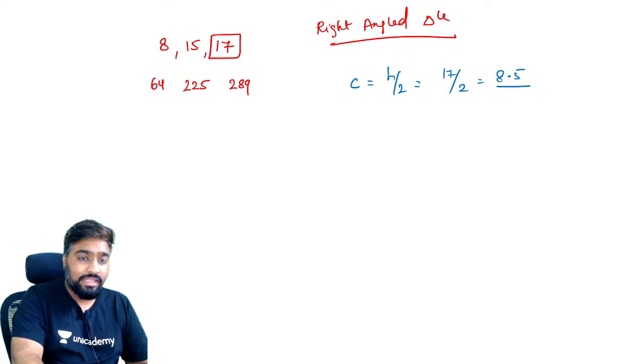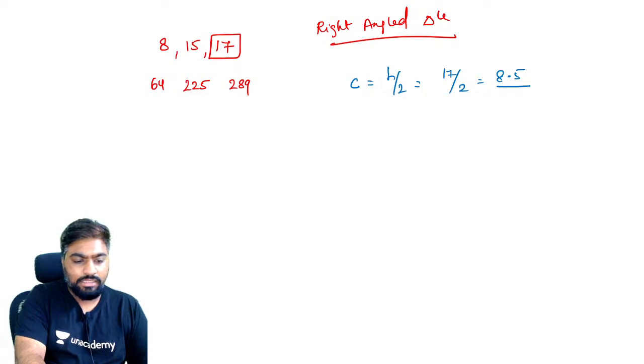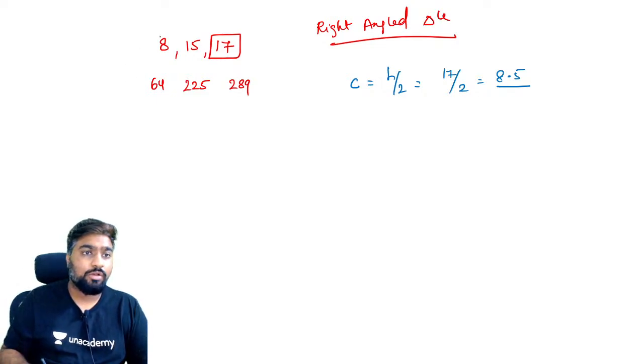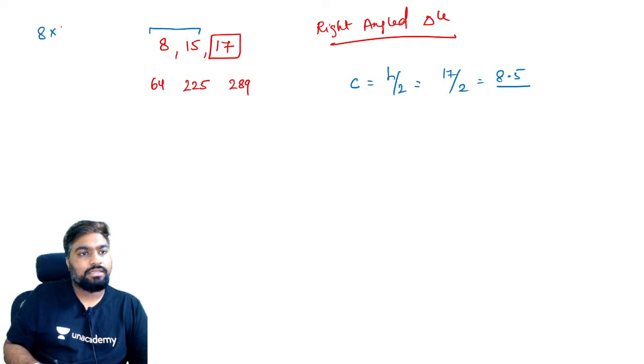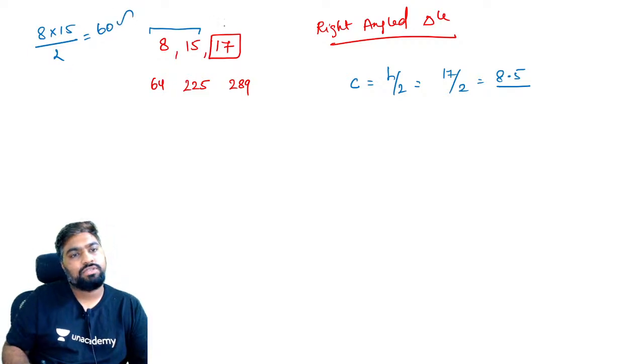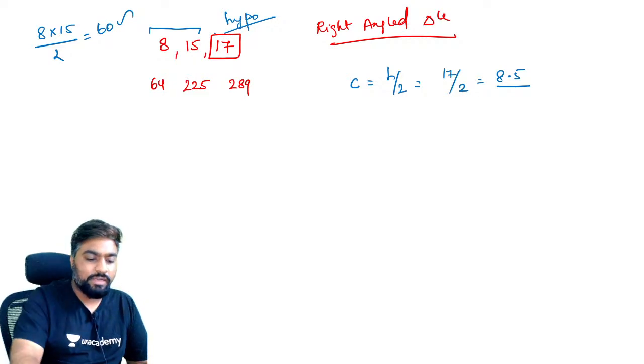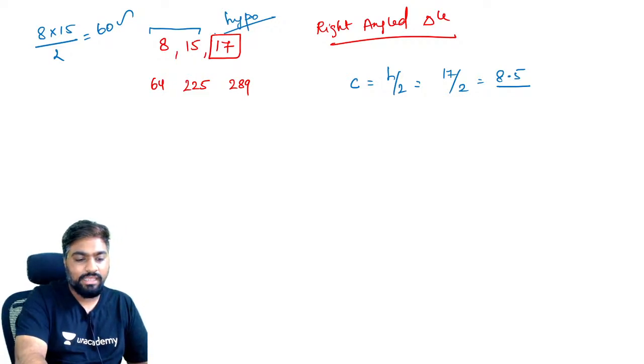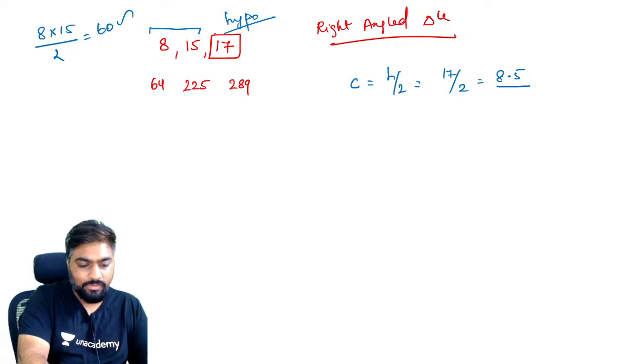They haven't said the triangle is a right triangle, but you can also confirm by this: 8 into 15 by 2, half base times height, is 60, matches. So this is your hypotenuse. The area is given only to confirm. Today there were very easy questions.